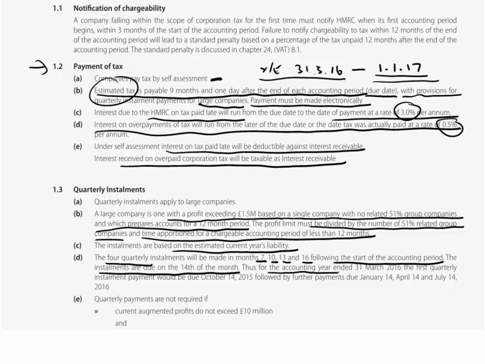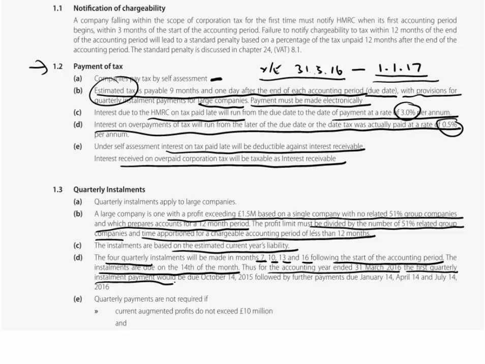Thus, again, for the accounting year ended 31st of March 16, when would our first quarterly instalment payment fall due? Now, the year ended 31st of March 16 began on the 1st of April 15. So we have to pay on the 14th day of the 7th month from the start of the accounting period.